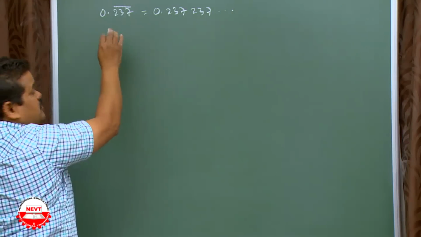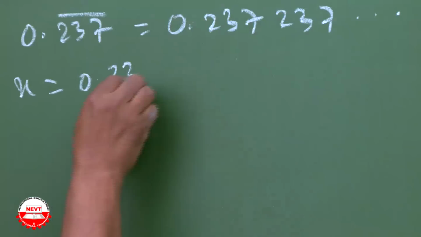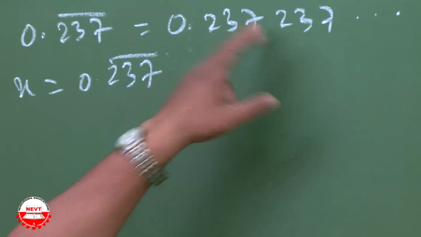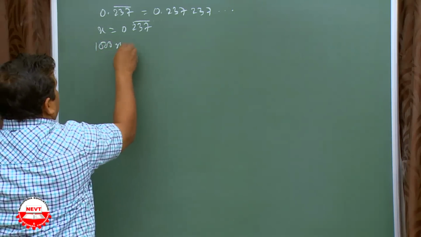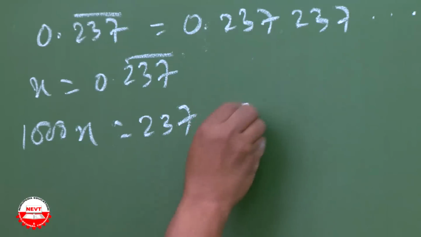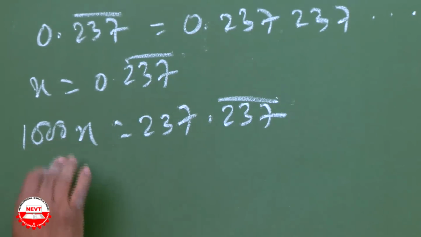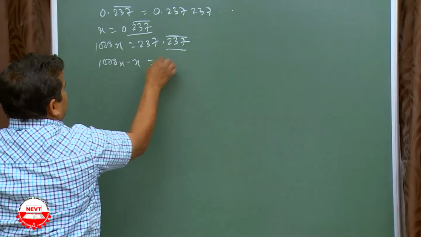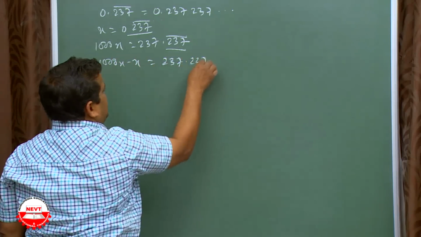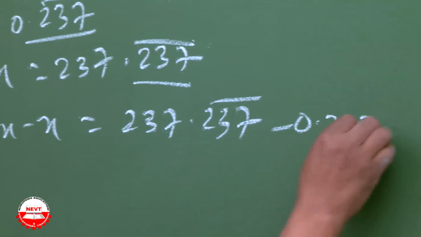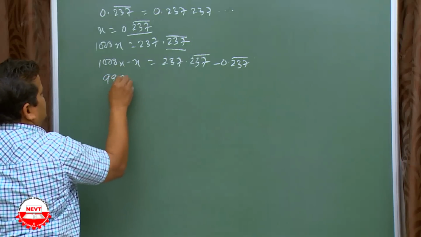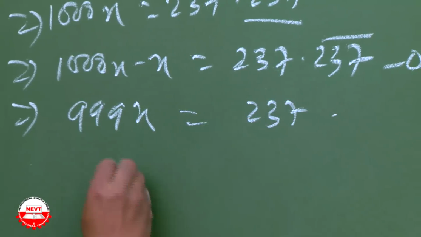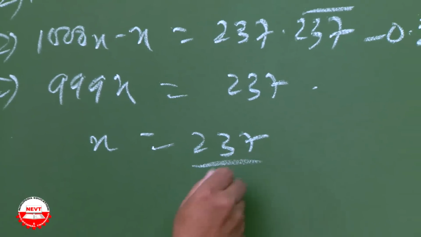I am speeding up now. Let x be equal to 0.237 bar. Instead of taking 10x, directly take 1000x, it will shift here. So 1000x is equal to 237.237 bar. Now subtract this from this, the bar number will cut. That means 1000x minus x is 237.237 bar minus 0.237 bar, so 999x is equal to 237. So x is equal to 237 by 999.